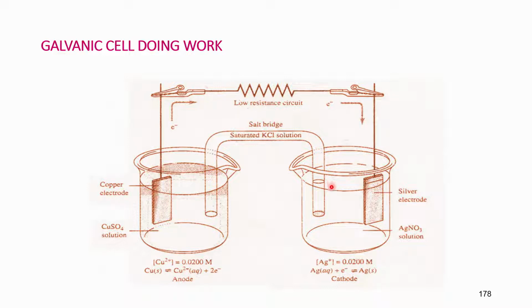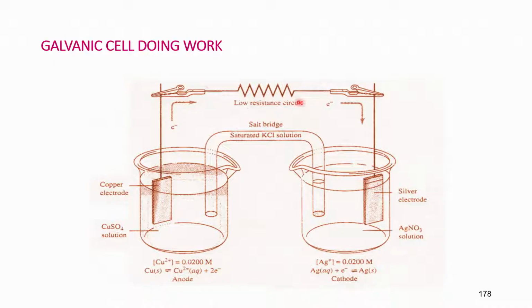What work is it doing? It is allowing silver ions to deposit on a cathode. Now, this cathode can be your keychain, or a jewelry item. If I take copper and allow silver ions to sit on that, it will be like electroplating.